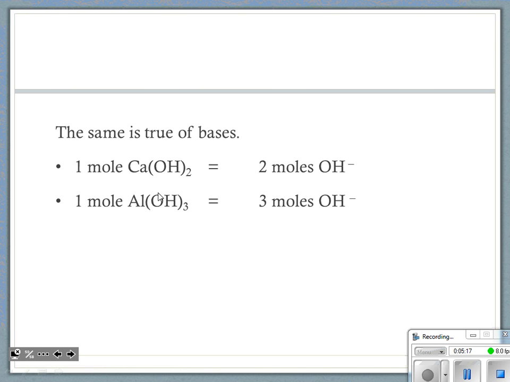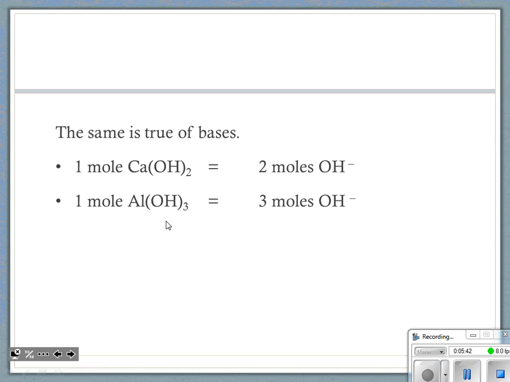So if I look right here, calcium hydroxide, how many OH -1 ions would be involved in that? 2. What about aluminum hydroxide? How many would be involved with it? 3 moles of hydroxide ions.